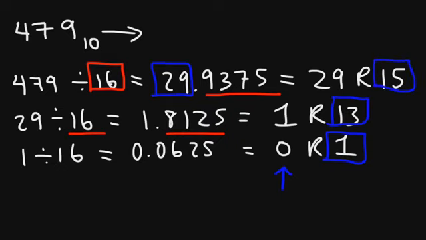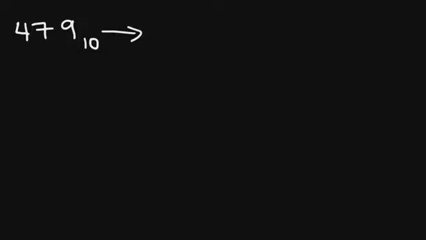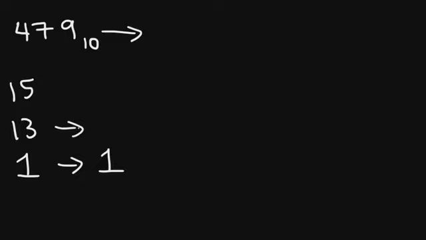I'm going to rewrite it, but let me get rid of this stuff first. So we had 1, 13, and 15. So the remainders, you want to convert them to hexadecimal numbers. 1 as a decimal is 1 as a hexadecimal. And based on the chart that we wrote earlier, 13 corresponds to D and 15 corresponds to F. Now 1 is the most significant digit and F is the least significant digit.